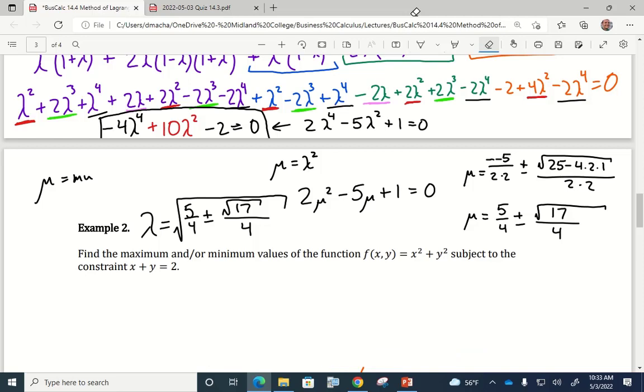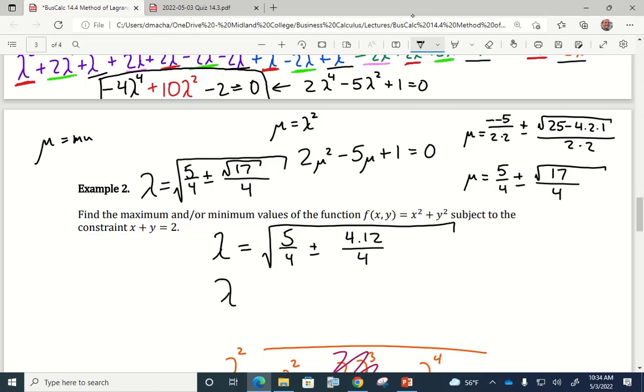Somebody tell me, what is the square root of 17? Okay. Now, we're going to have two cases. One where we take the plus sign and the other one where we take the minus sign. And so if I do 5 plus the square root of 17, then it would be 9.12 over 4.